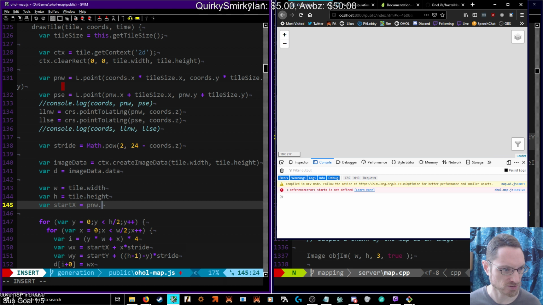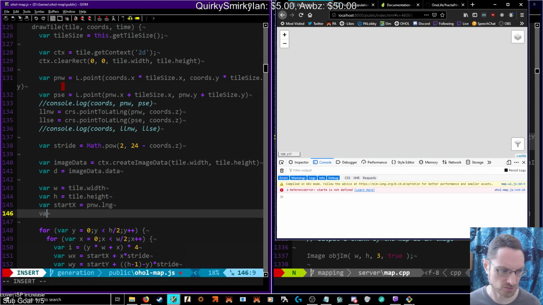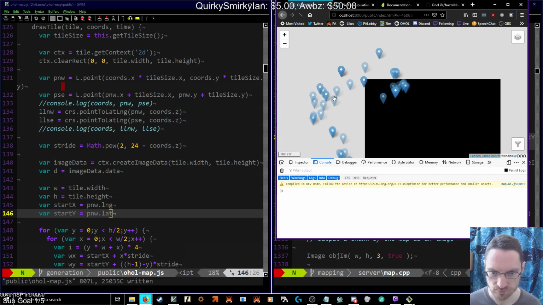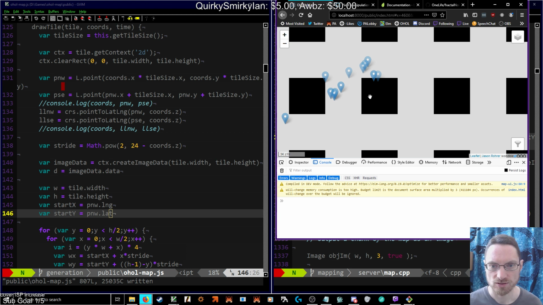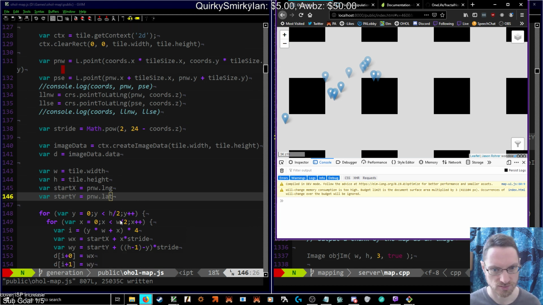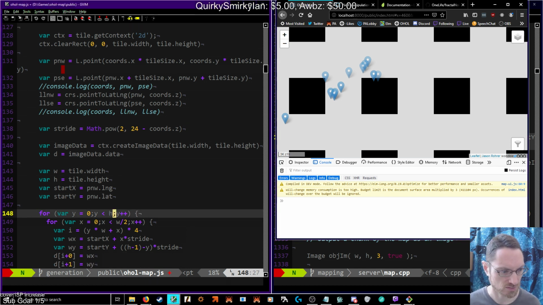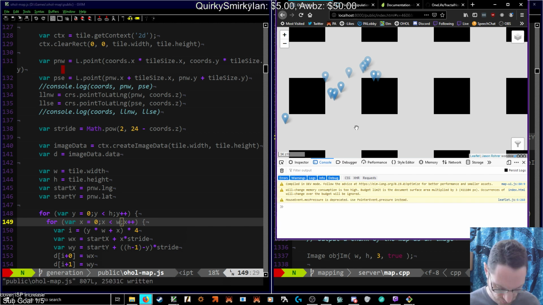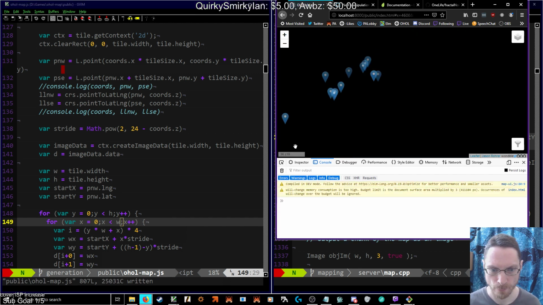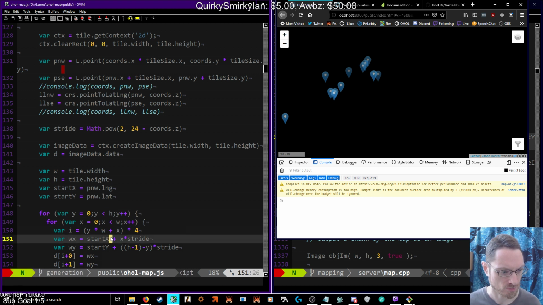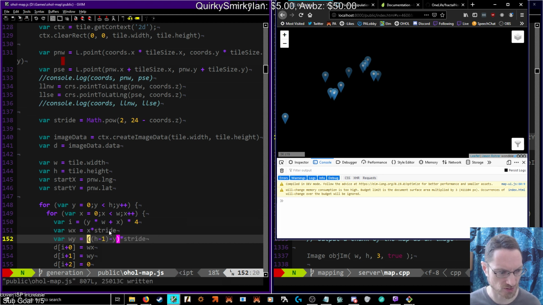Point northwest dot launch. It's a whole lot of black. Don't necessarily need that anymore. For relative coordinates, we actually kind of need this.